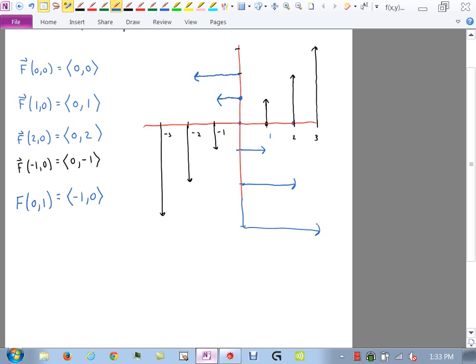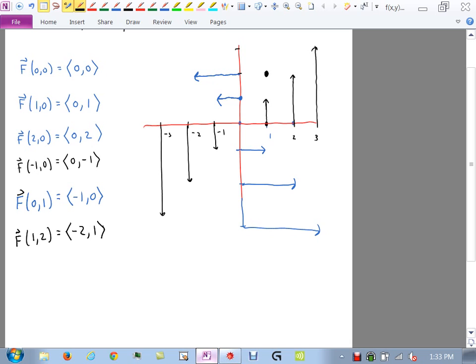So let's pick something a little more interesting. Let's pick maybe the point 1, 2, since it won't be covered up. How about that point 1, 2? If I go to the point 1, 2, the vector that I get out is negative 2, 1, right? Negative 2, 1 from here means what?